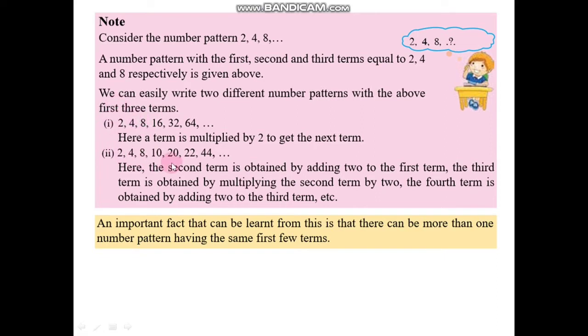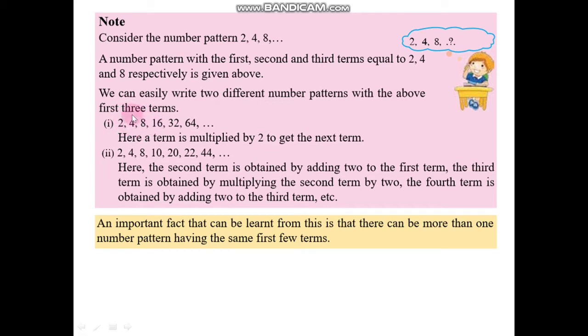Okay. Now when looking at this pattern, here a term is multiplied by 2 to get the next term. Shall we check it? Yeah. Here we have 2. The second term is 4. How have they obtained 4? We are multiplying the first term by 2. 2 into 2 is 4. Okay. Third term, see, they have obtained 8.